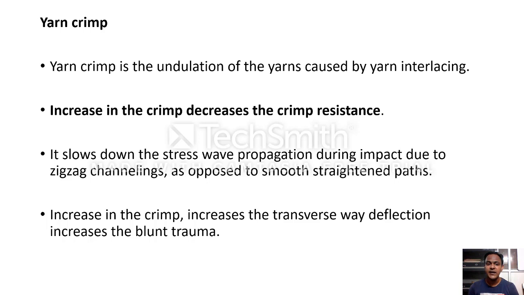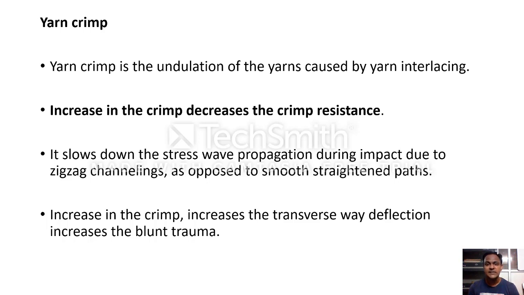Next is the yarn crimp. Yarn crimp is the undulation of the yarns caused by the yarn interlacing, which is the waviness. Hope you may know what a crimp is. Here we do not want yarn crimp in ballistic protection, because an increase in the crimp decreases the resistance. For example, if you have a fabric which contains crimped yarns in either the warp or the weft, what will happen?